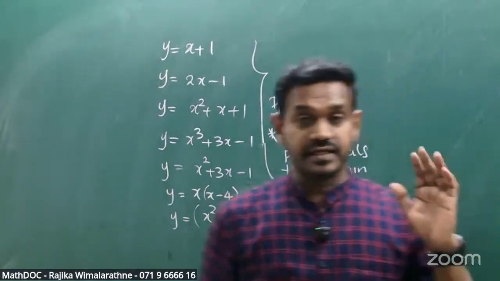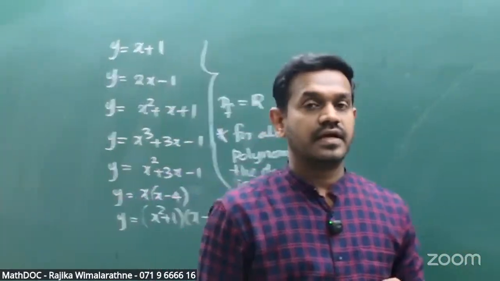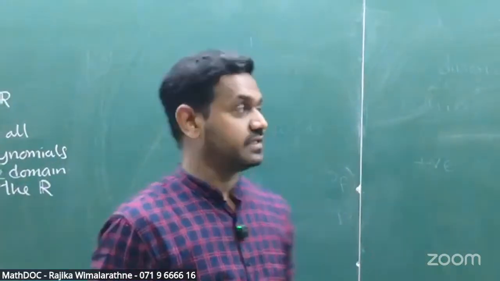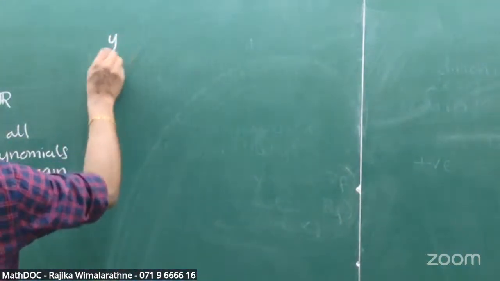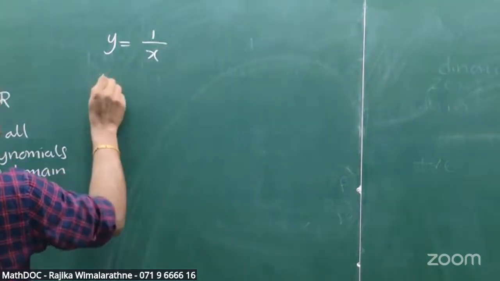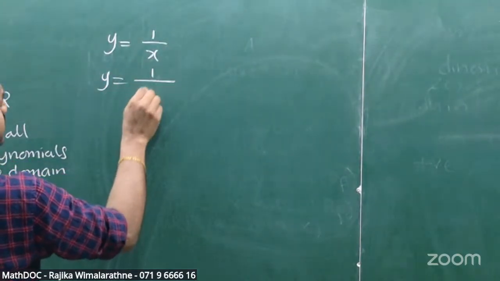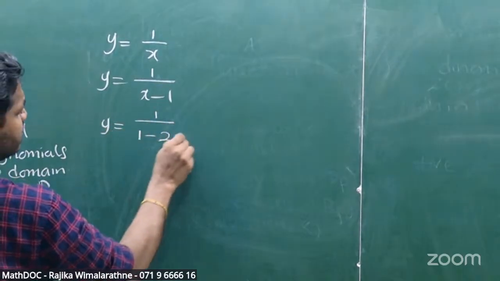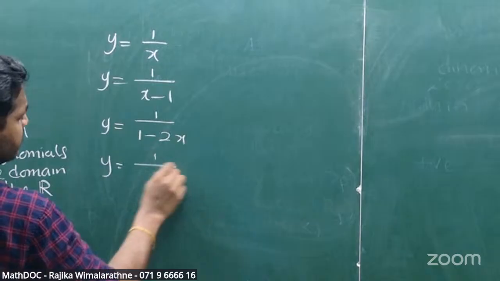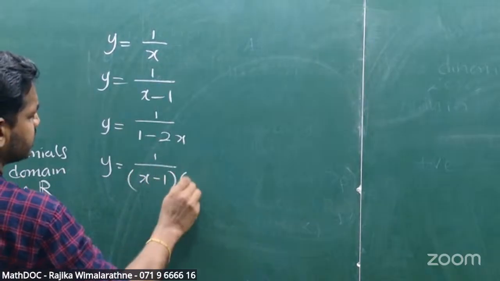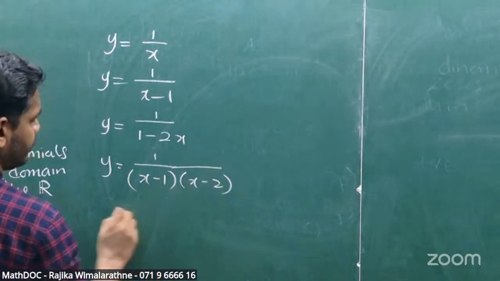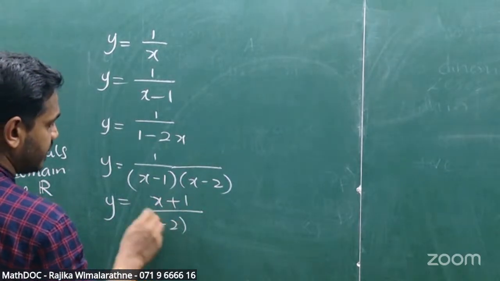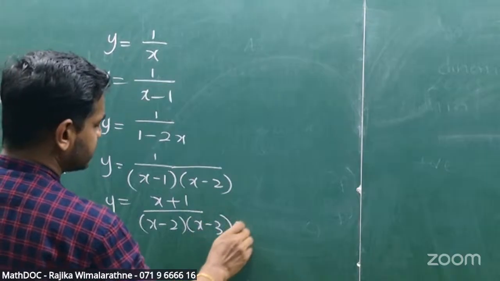Now consider rational functions. y equals 1 over x. y equals 1 over x minus 1. y equals 1 over 1 minus 2x. y equals 1 over (x minus 1)(x minus 2). y equals (x plus 1) over (x minus 2)(x minus 3)x.